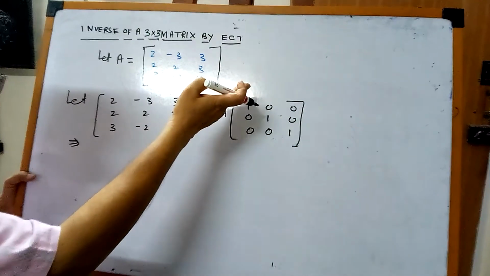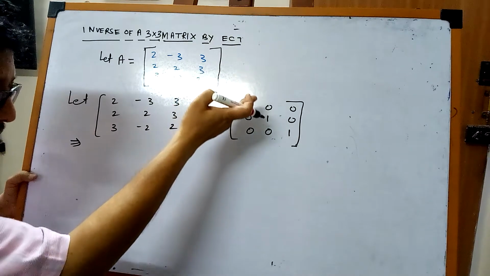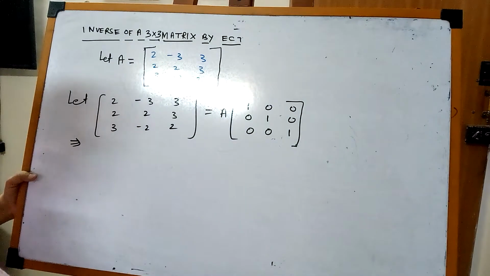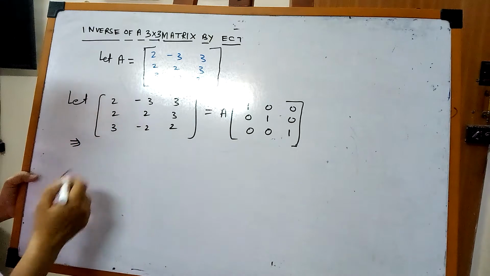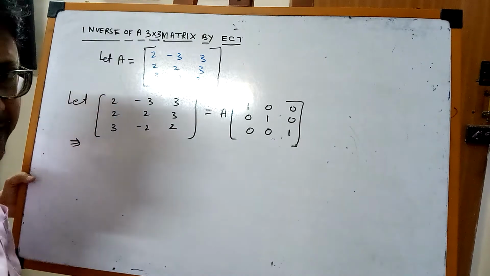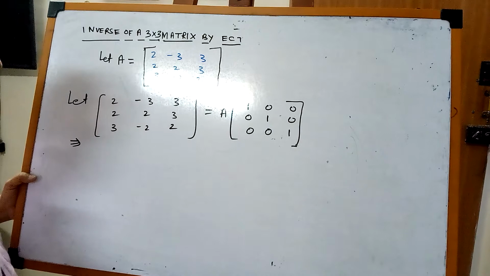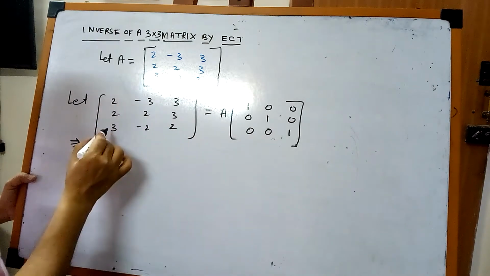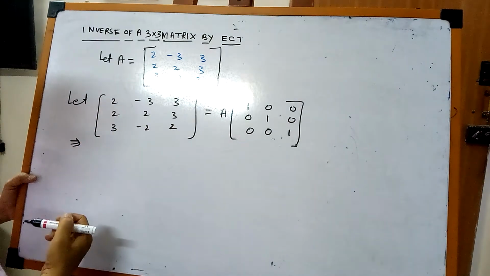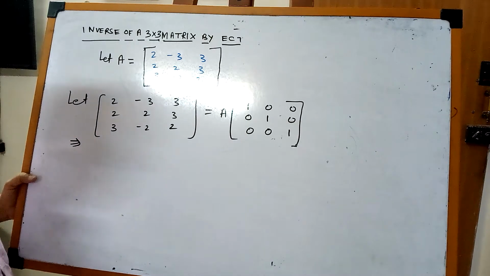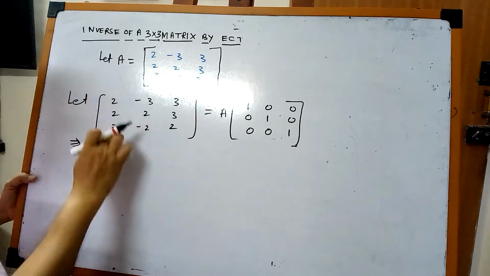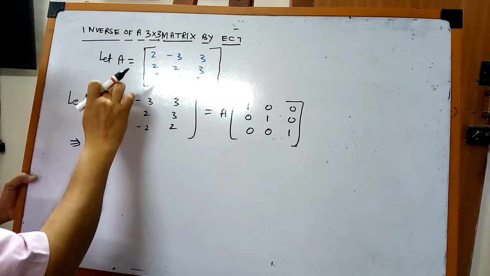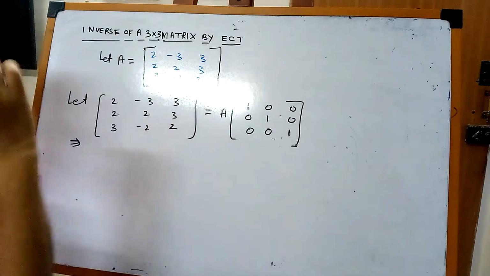Then we make the elements below it 0. Then the process goes faster. But here I find a bit of difficulty, that when I divide by 2, then a fraction we are inviting in the beginning, that will not do. So I will be subtracting this from this, then I will exchange. You can do 2 steps together, as we are going to do it in column, so we will be adding this to this and then you will be subtracting this from this.